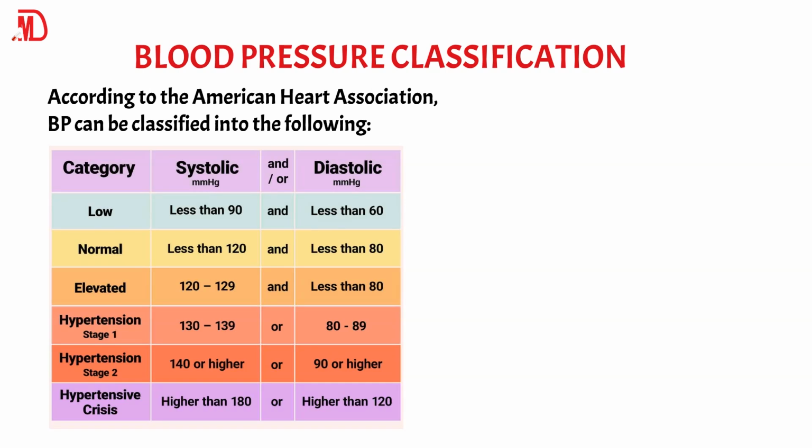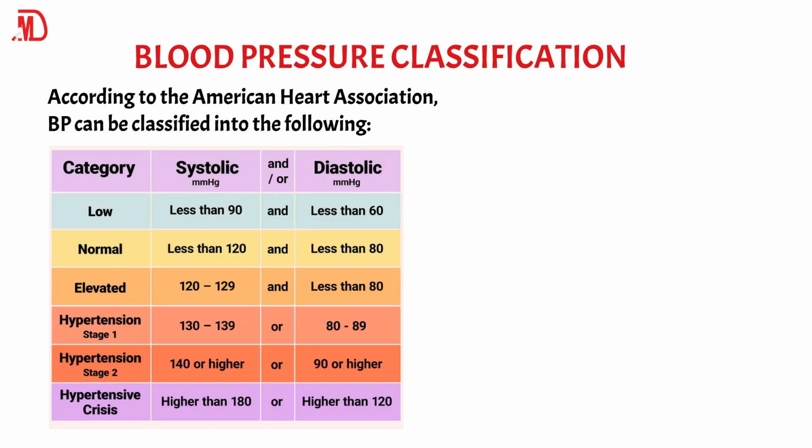The third classification of blood pressure is hypertension stage 1. That is systolic between 130 and 139, and a diastolic between 80 to 89. That gives you hypertension stage 1 or pre-hypertension. Then we have hypertension stage 2.